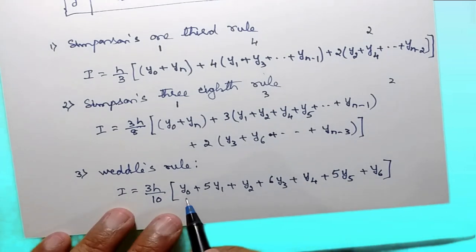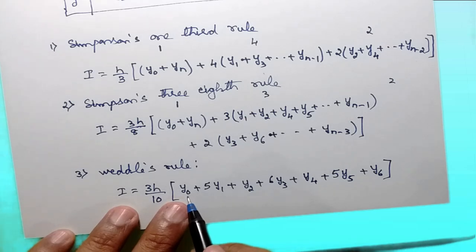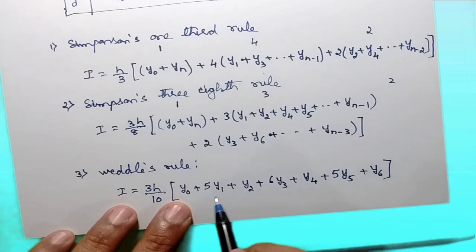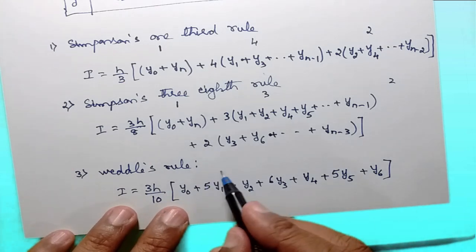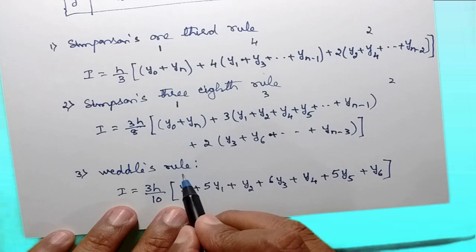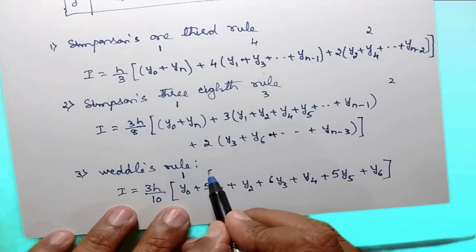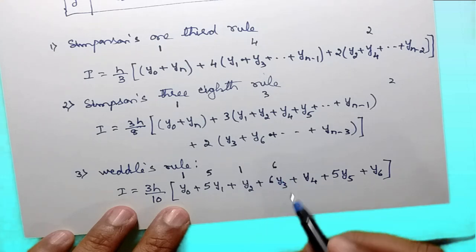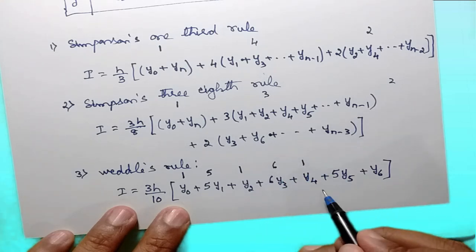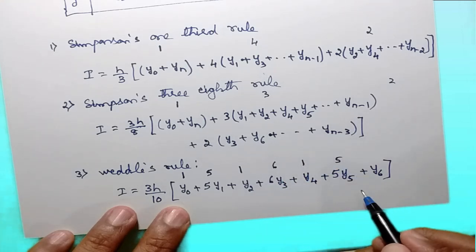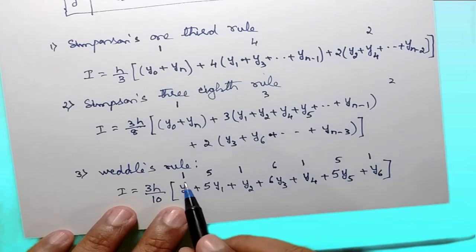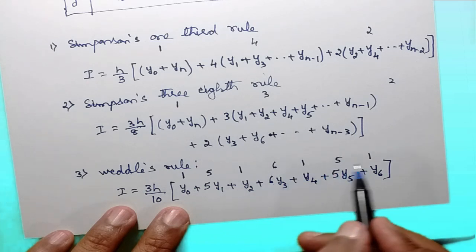If you observe the way the values are written, the values are from y0 to y6 and they are in order: y0, y1, y2, y3, y4, y5 and y6. But if you look at the coefficients: 1 times y0, 5 times y1, 1 times y2, 6 times y3, 1 times y4, 5 times y5, 1 times y6. So the coefficients are 1, 5, 1, 6, 1, 5, 1.